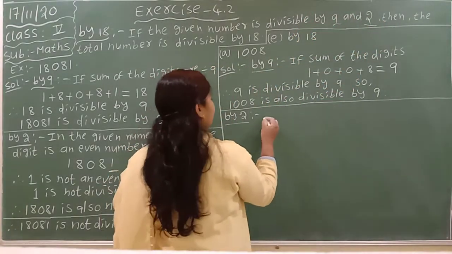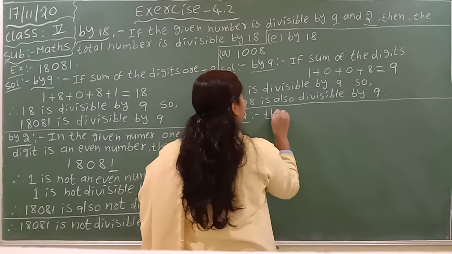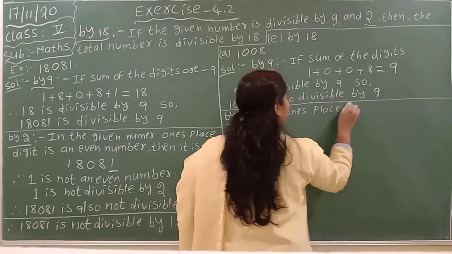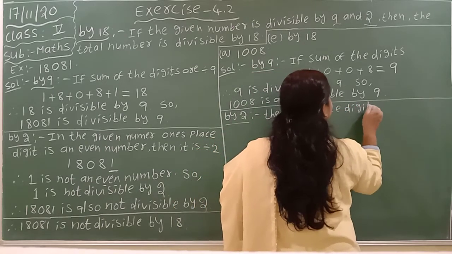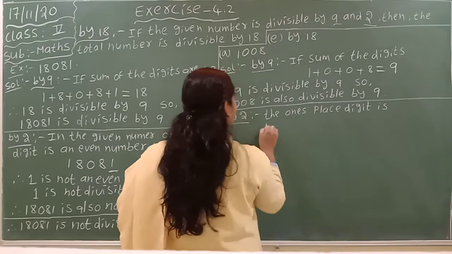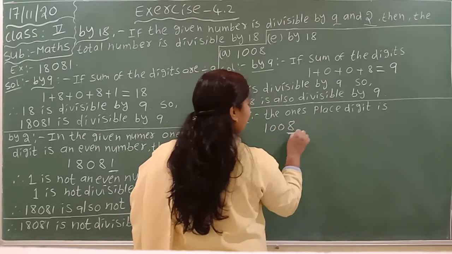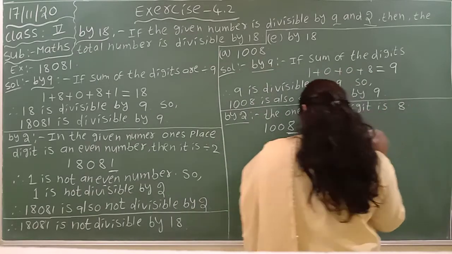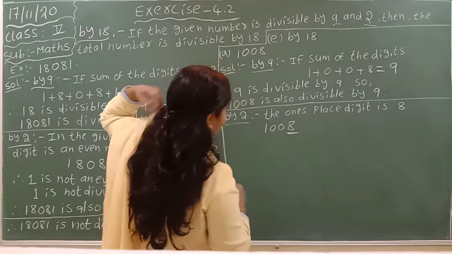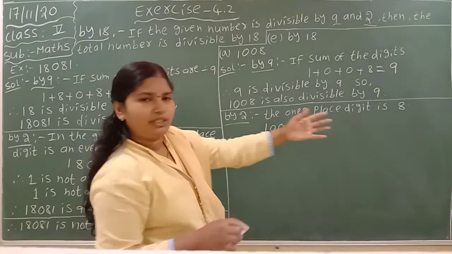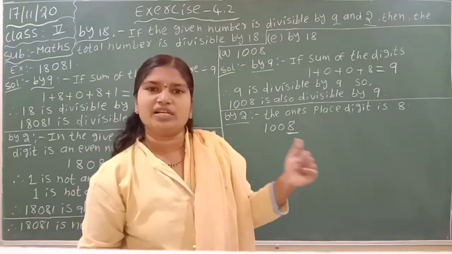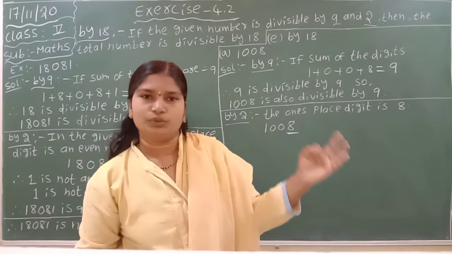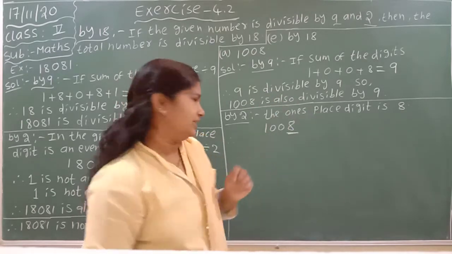In this given question, the ones place digit is, underline the ones place, 8. Ones place digit is 8. Here you have to write down: 8 will come in the 2 table. Yes or no? Why? Because 8 is an even number. 2 ones 2, 2 twos 4, 2 threes 6, 2 fours 8.